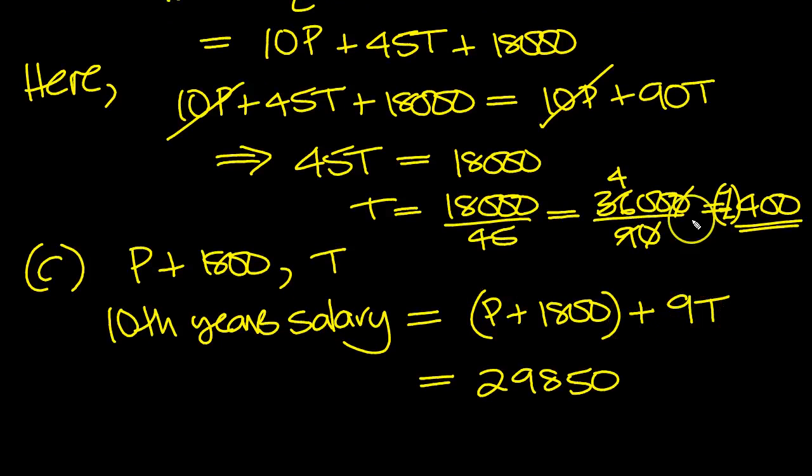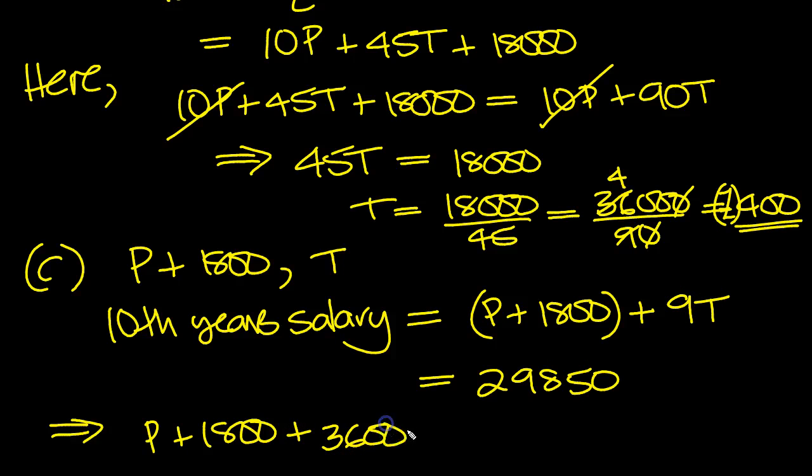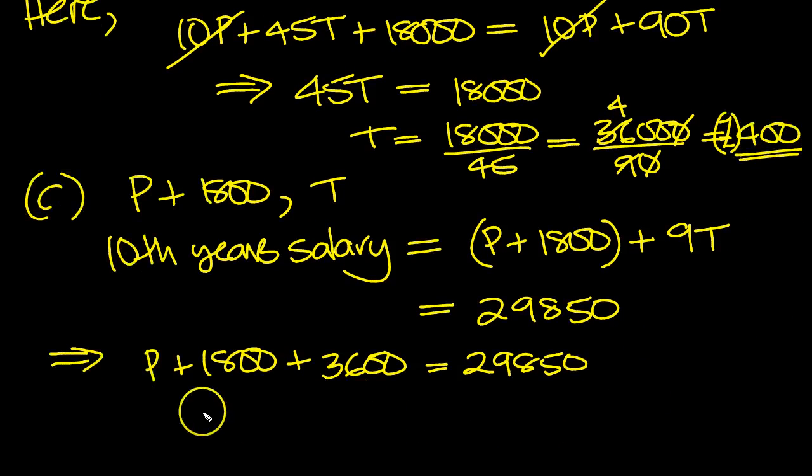We know t is equal to 400, so P plus 1,800 plus 9 400s, which is 3,600, is equal to 29,850. So P is equal to 29,850 minus 5,400, since 18 plus 36 is 5,400.